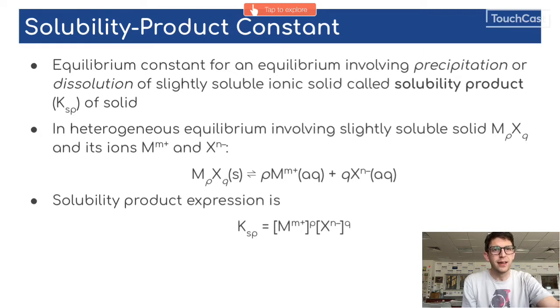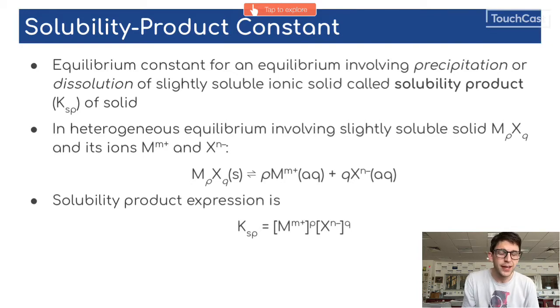We can see that the MpXq is in a solid phase, right? So that's going to be our ionic solid. Now, when that's put into an aqueous environment, then those ions, the cations and the anions, are going to dissociate. And that's what is shown in that first generic chemical equation. Now, we can write a solubility product expression as shown in the last bullet point, right? And if you notice, we're only showing those ions that have dissociated.